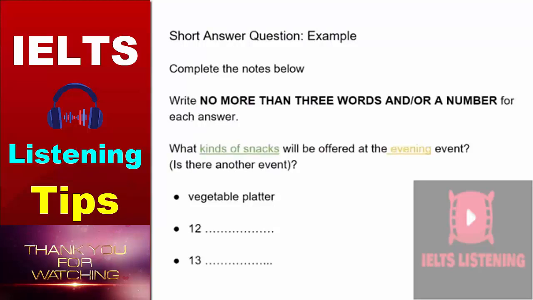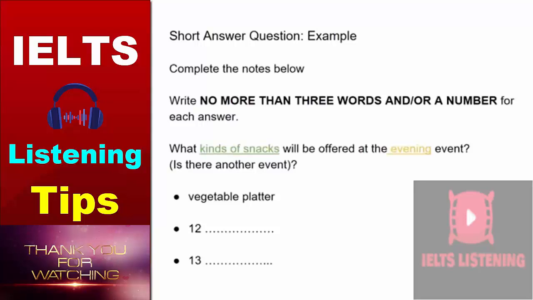There's an interesting part. So what kinds of snacks will be offered at the evening event? All right, now we're imagining that this is before we've listened and we don't know yet what the speakers are going to say. One question I would have is, well, is there an evening event and are there different events that are going to be described, right?